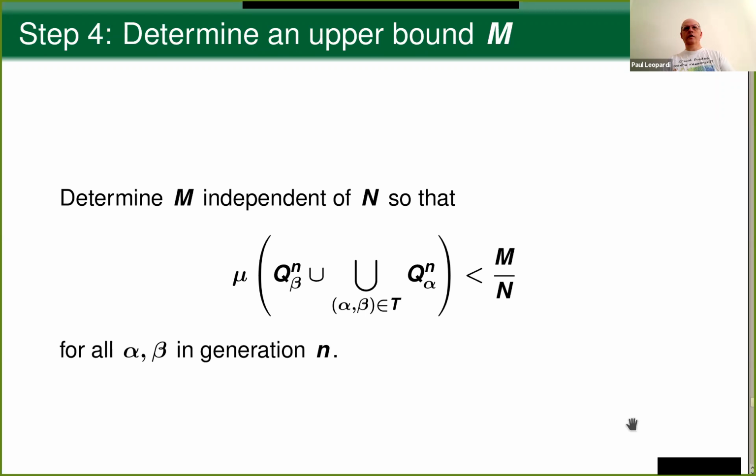So we've got alpha comma beta in T. In other words, there's a directed edge between alpha and beta. So we're talking about cubes which are adjacent in the tree. What this does is it puts an upper bound on the measure of a cube and its neighbors. And that's the technicality that we need for the proof to go through.